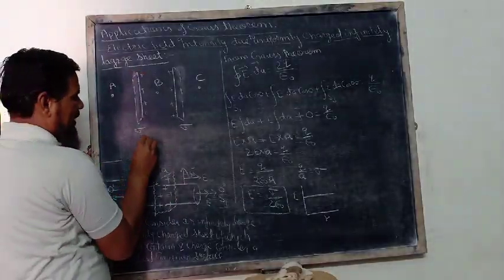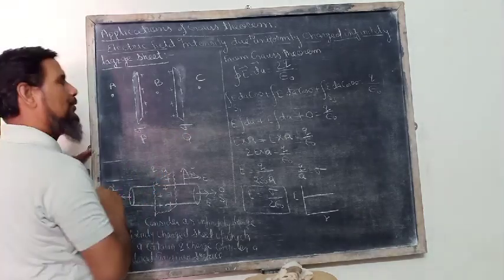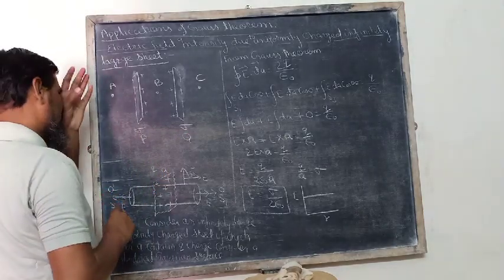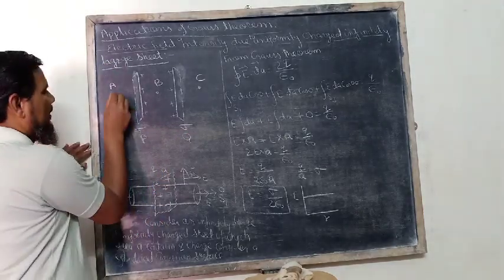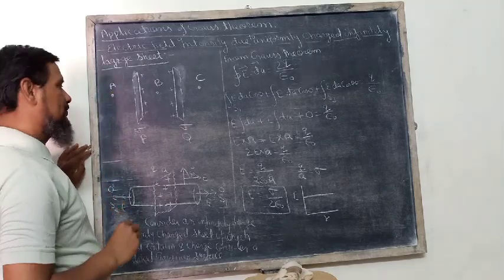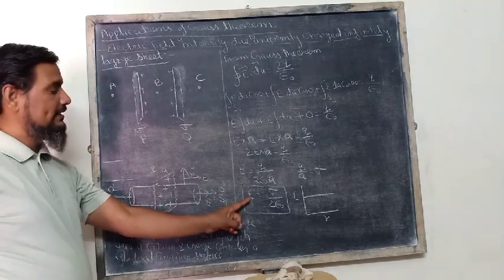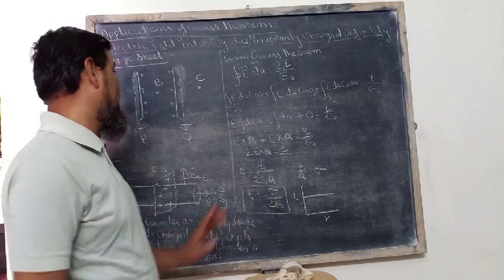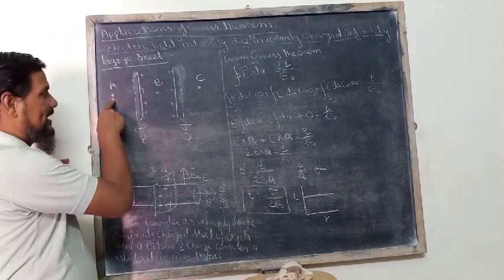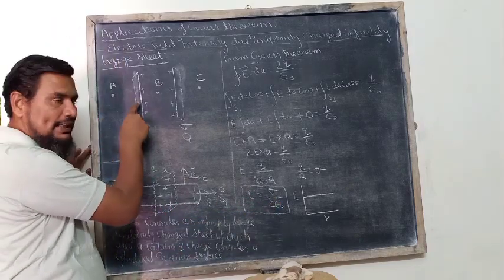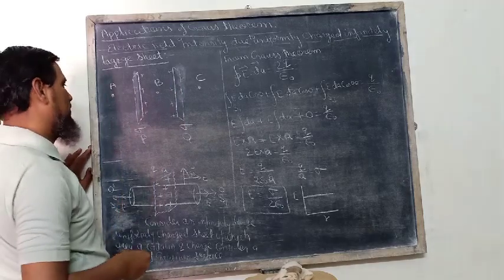This plate is P and this plate is Q. Now, at this point, because we know that the electric field intensity is independent of distance, the electric field intensity at this point due to this plate and this plate are both equal.